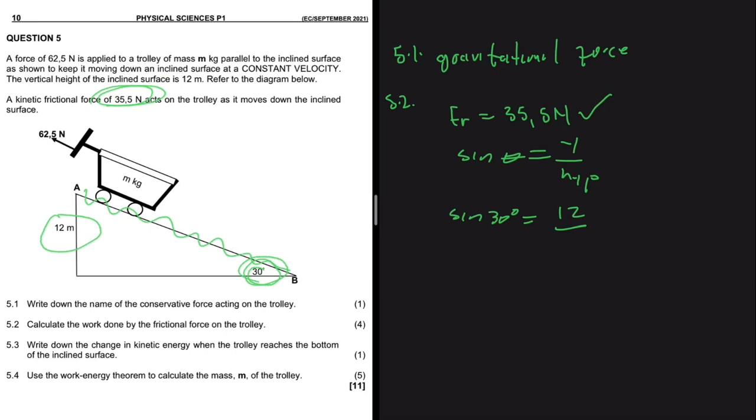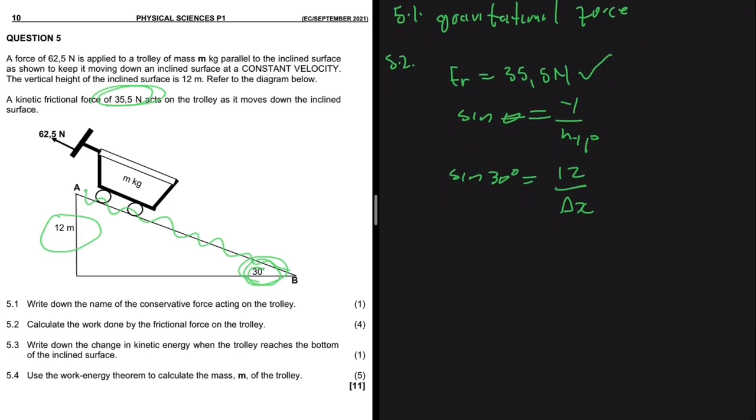That's what we ultimately are interested in. So we can label that as delta x. So it should become easy to see now that delta x will be equals to 12 divided by sine of 30. And then if we do that, we get 24 meters.